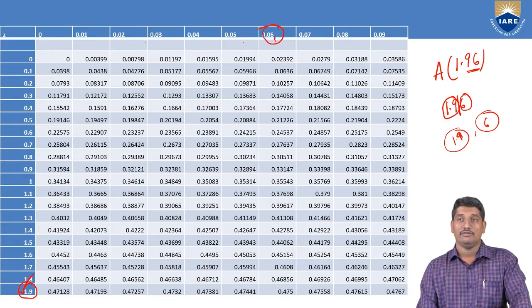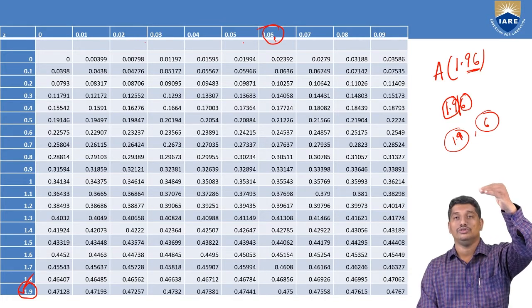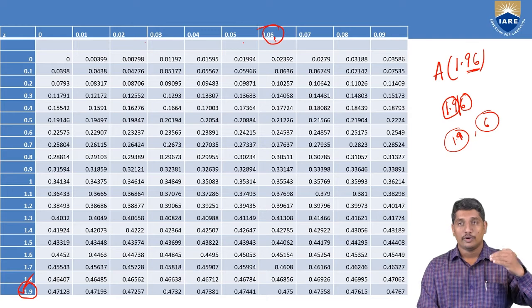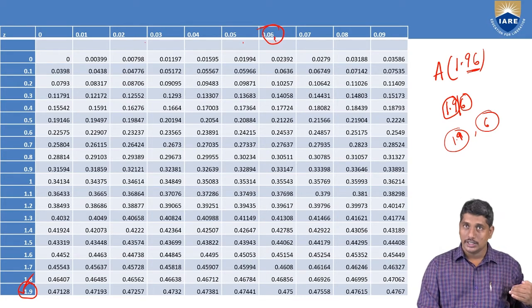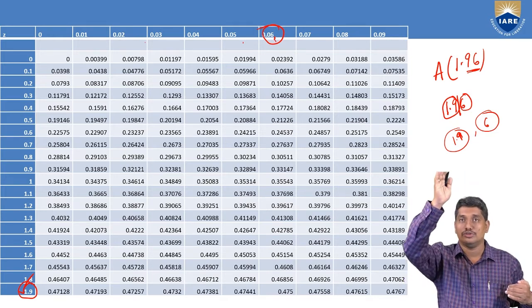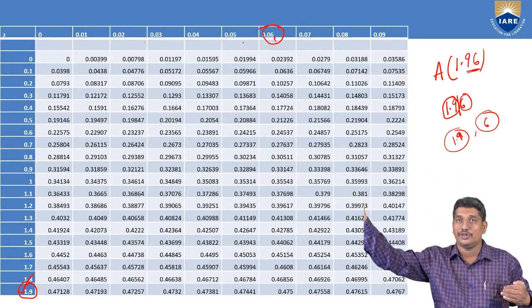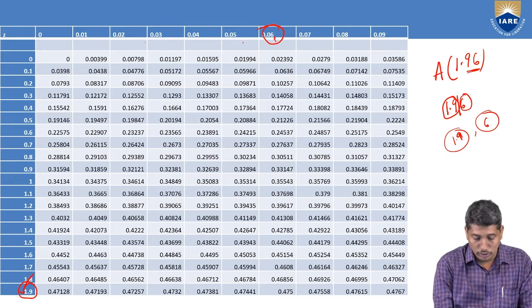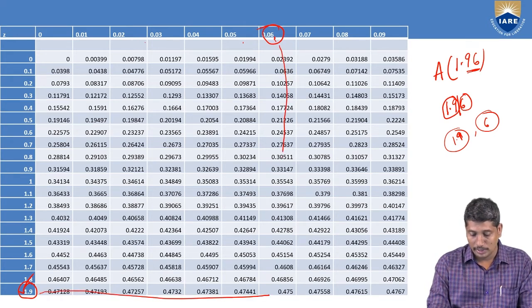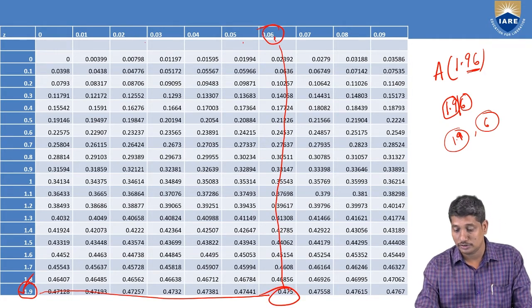So 1.9 will be searched in the rows 0, 0.1, 0.2, and so on up to 0.9, 1, 1.1, and so on to 1.9. Okay, and the second part will be searched over the columns 0, 1, 2, 3, 4, 5, 6, and you'll draw a line perpendicularly and parallelly, and you'll find the point of intersection, which is 0.475.